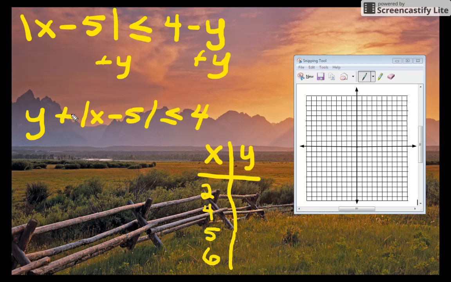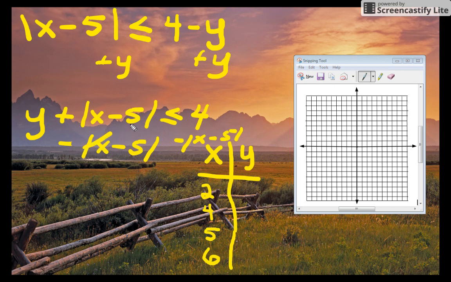The next thing we need to do, to get y by itself, is subtract this entire absolute value of x minus 5. We can treat this as an entire term. And since there's a plus sign out front, we have to do the opposite, which is a minus. The absolute value of x minus 5. We'll subtract it on both sides.